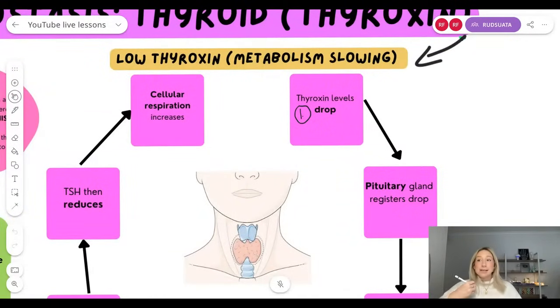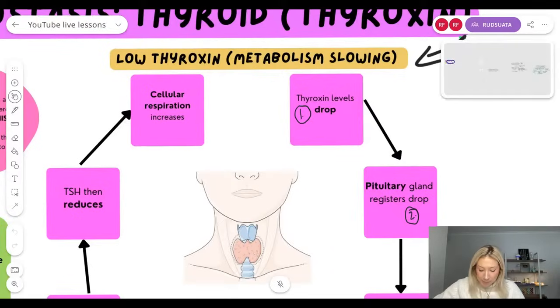When the thyroxine level drops, the pituitary gland is going to register that. That is step 2 of our template answer. It is the receptor, receiving that information, so there are cells in the pituitary gland that pick that up.